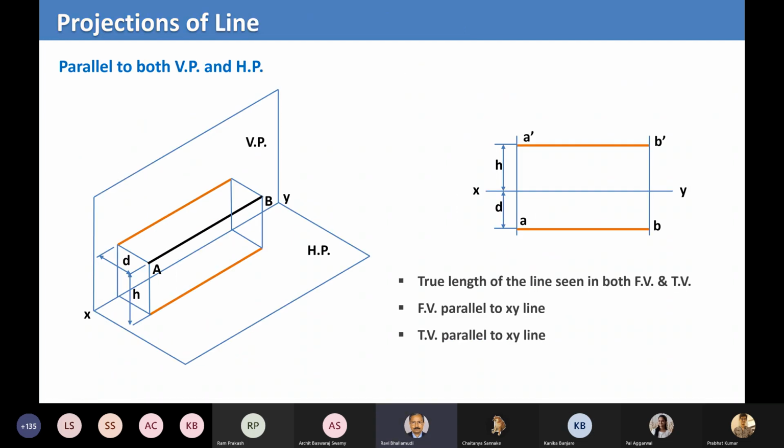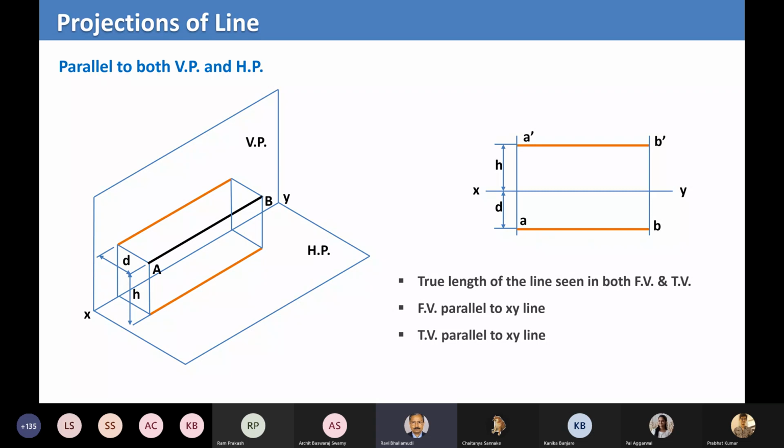So with what I told you just now, let us start looking at a line. A line you treat as nothing but two endpoints, A and B. We'll start from a simple line which is parallel to both the vertical plane and the horizontal plane, but not coinciding with the XY line.